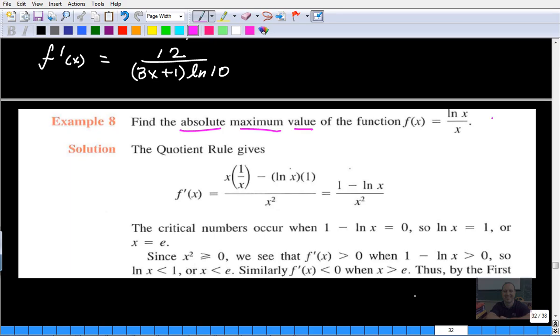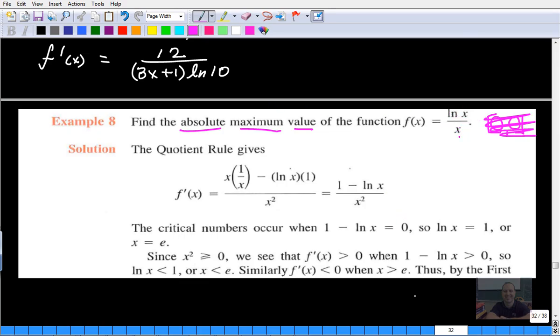If it gives you a specified domain here, an interval or something, then you would have to test this start point and that end point as well and see if that yields a maximum value. But it doesn't in this case, and so this right here is a continuous function.